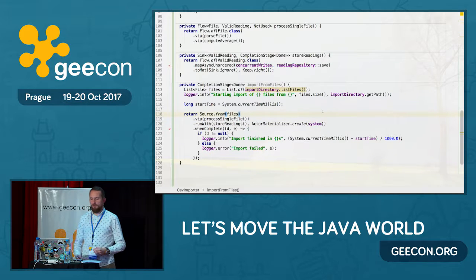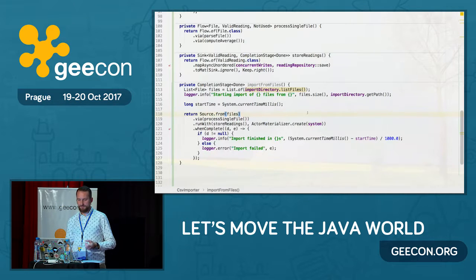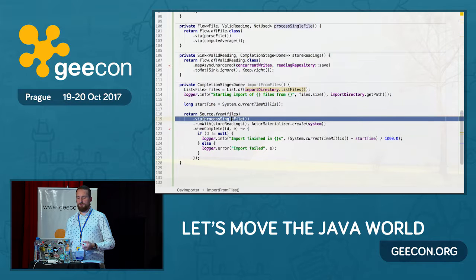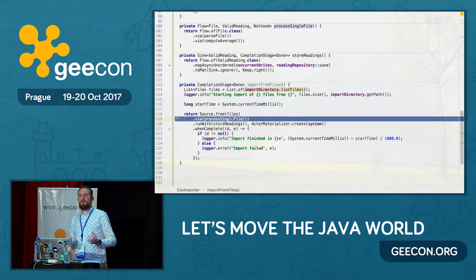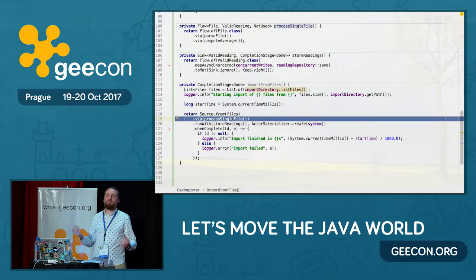So now, you may think that's everything, and yes, we would be able to run it. It would process the files, but you can notice that what we are doing here is processing the files one by one. So we take the first file, extract the readings from there, and then pass them downstream. But we would like to be able to process a number of files in parallel, so that we're not reading the files into memory.